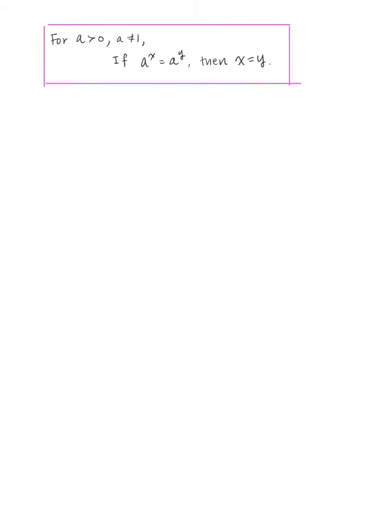Let me give you a little example. If 3 to the x equals 3 to the 2, then x must equal 2 because the bases are the same. That's exactly what this property is telling you.